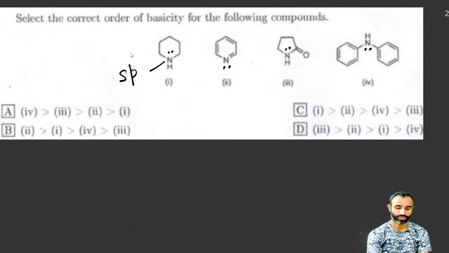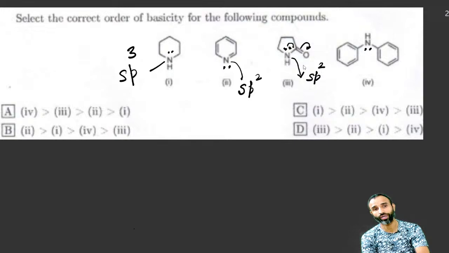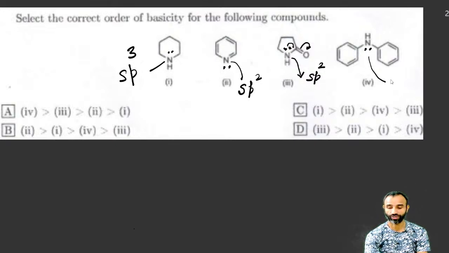In first case, it is sp3. Second case, sp2, and in this case, sp2 as well, because this lone pair is in conjugation with the pi bond. Whenever a lone pair is in conjugation with a pi bond, the lone pair is a part of the pi electron cloud. Here it is again in conjugation.